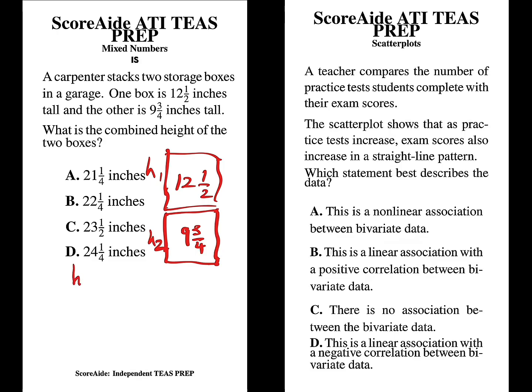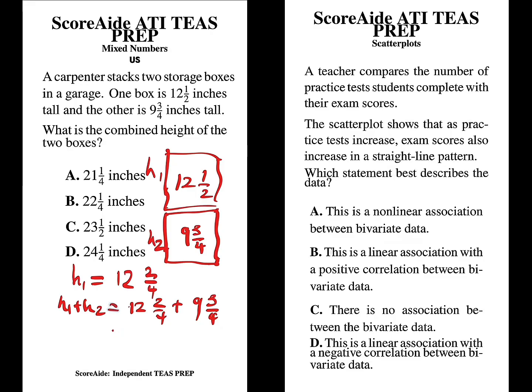So H1 is going to be equal to 12, and a half is the same as 2/4, right? So you see that 2/4 and 3/4 have the same denominator, which is 4. So we can go ahead and add the heights. So H1 plus H2 is going to be 12 whole number 2/4 plus 9 whole number 3/4.